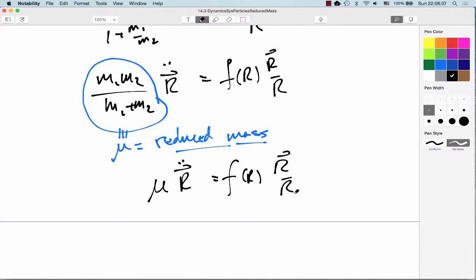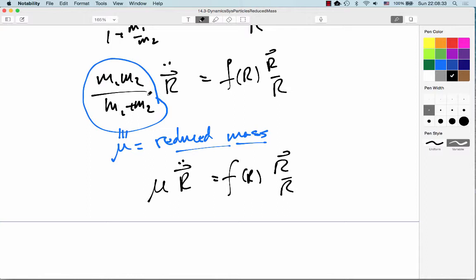From that observer's perspective, all we have to do is replace the little mass, m2, by this reduced mass. And it's called the reduced mass because if you look at this, you'll see that it's always going to be less than whatever the little mass is. So here m2 is the little mass. It's going to be less by a factor of m1 over m1 plus m2.